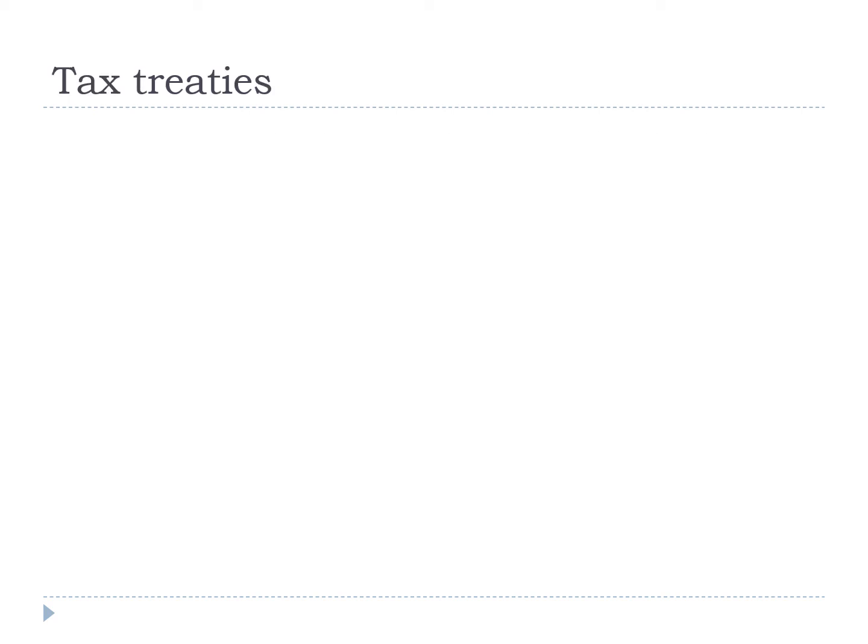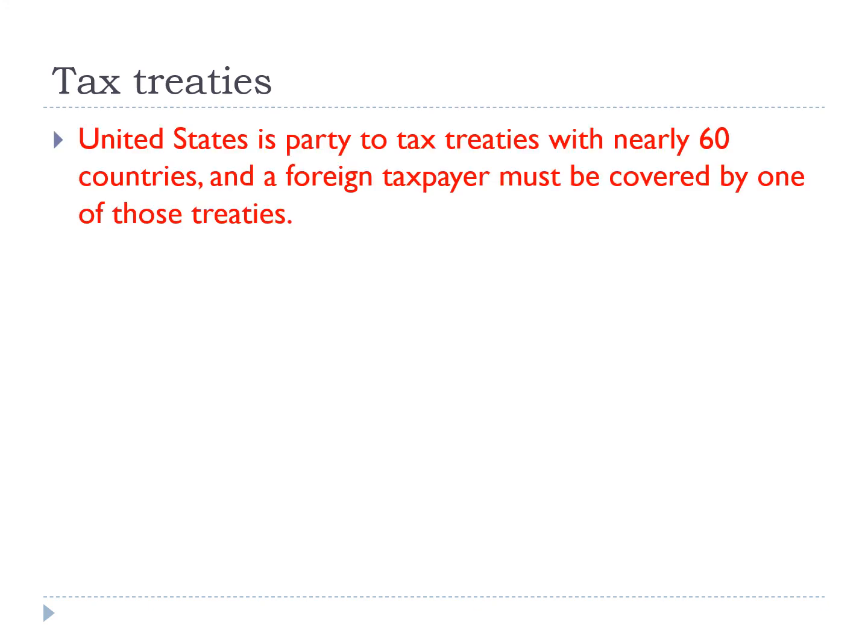The final area of study in this course is U.S. tax treaties. The first topic is whether a tax treaty applies to a particular foreign taxpayer. The United States has treaties with around 60 countries. It is necessary that a foreign taxpayer be covered by one of those treaties before we can try to apply a treaty to reduce the taxpayer's tax.